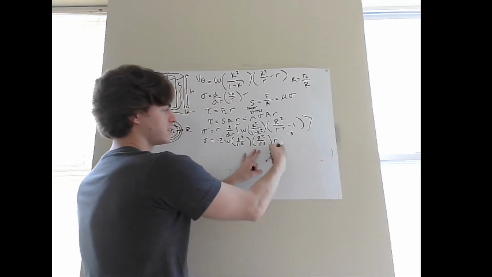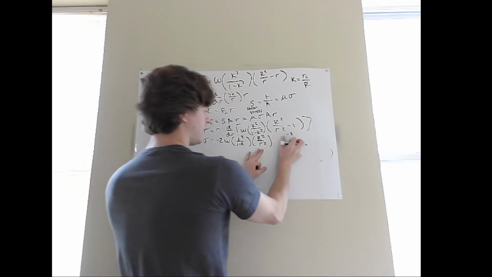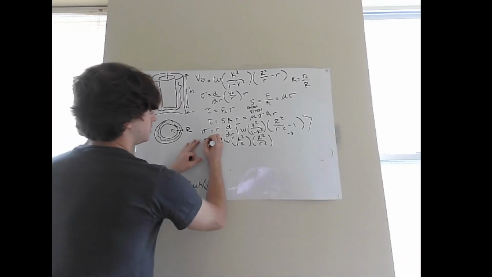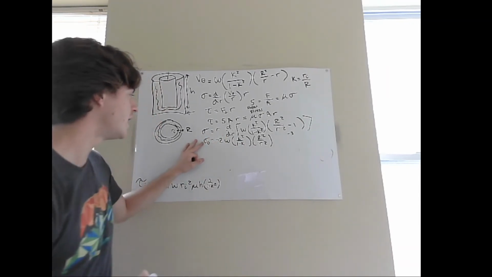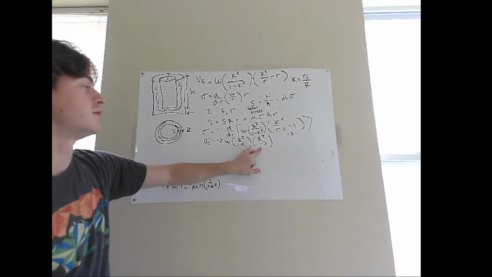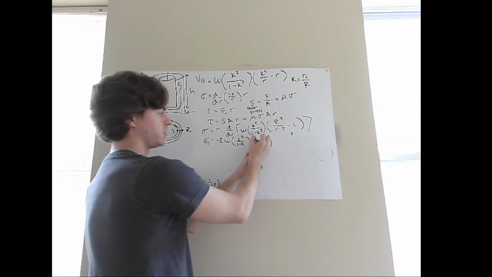And so these cancel out again, and so this just leaves us with r squared. And looking at this, since we're looking at the shear rate for the outer cylinder, this radius is just going to be the radius of our outer cylinder, which is big R, and so this whole term will cancel out.